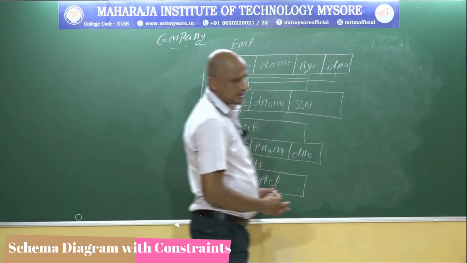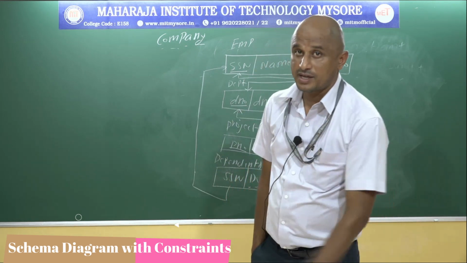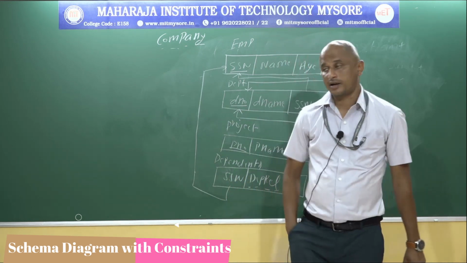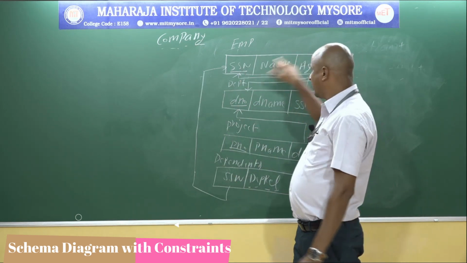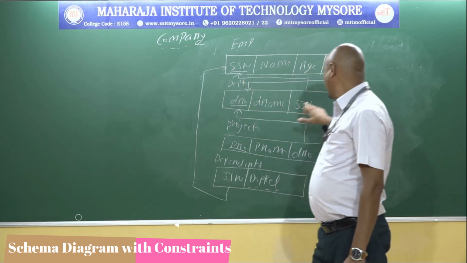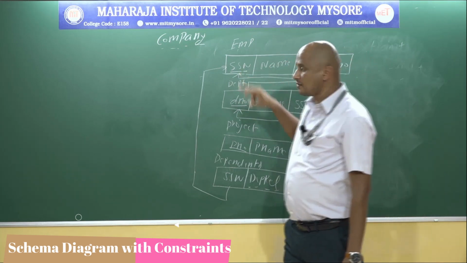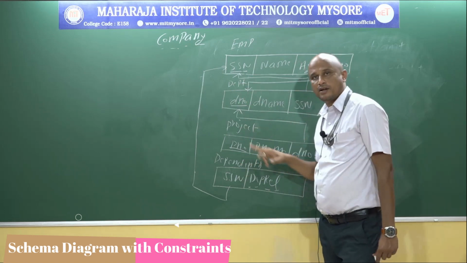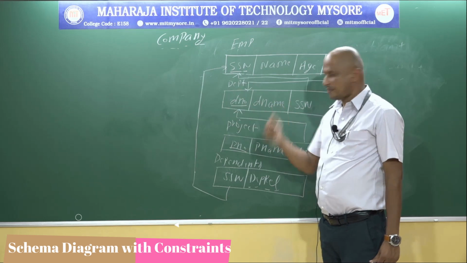So this is a small diagram where I identified the primary key and foreign key in the given schema diagram. In employee, SSN is the primary key, with name, and D number as a foreign key that refers to the department table. SSN is a foreign key for the department table, referring to employee SSN. In project, P number is a primary key, and D number is a foreign key referring to the department number.